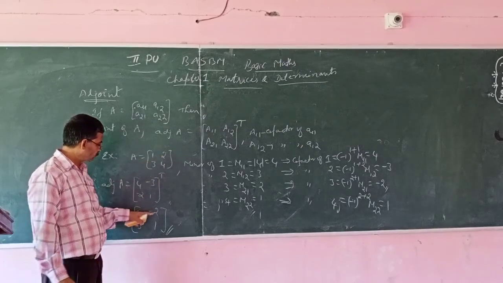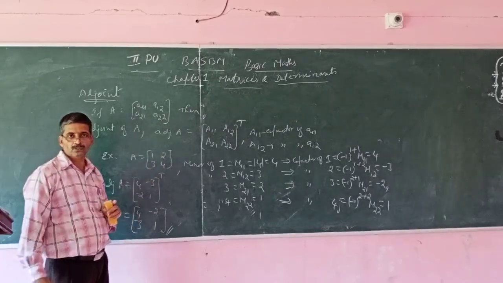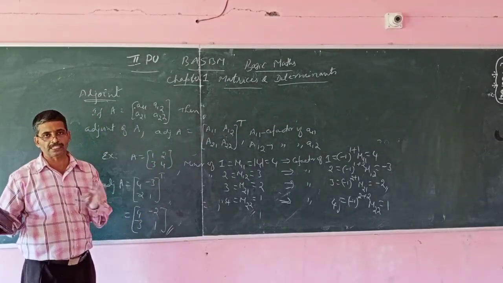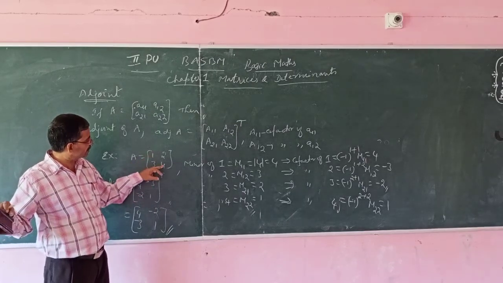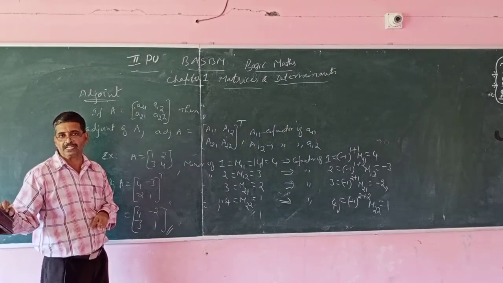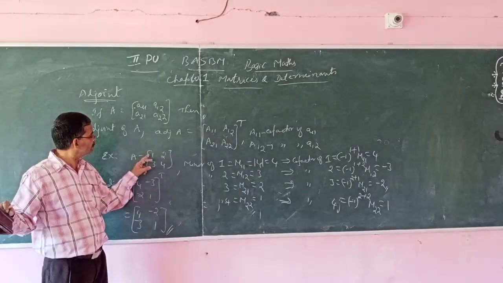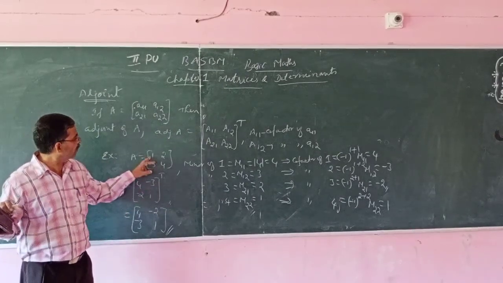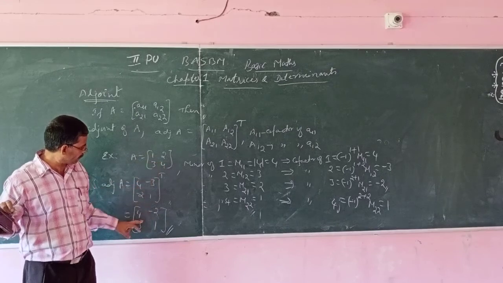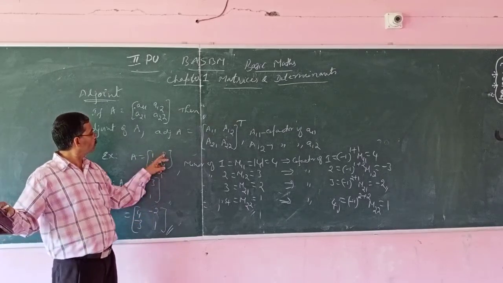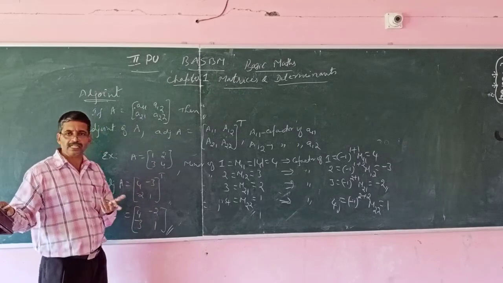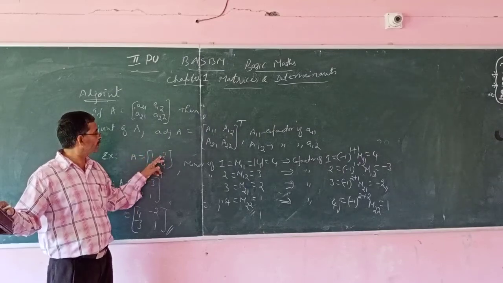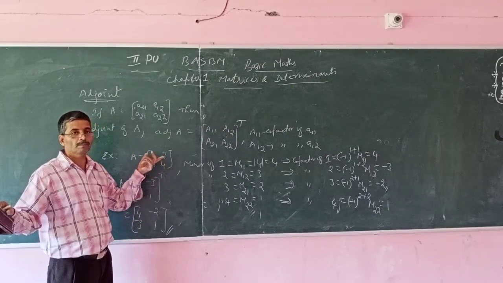Change the sign for these elements. So interchange the diagonal elements, and change the sign of the other two. Easy, students. Remember, for the adjoint of order 2 you can directly write it: 1 4 becomes 4 1, 2 becomes minus 2, 3 becomes minus 3. Suppose it is minus 2, then the adjoint will become plus 2.